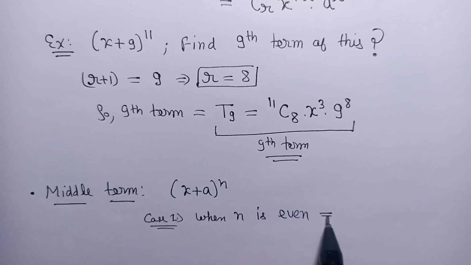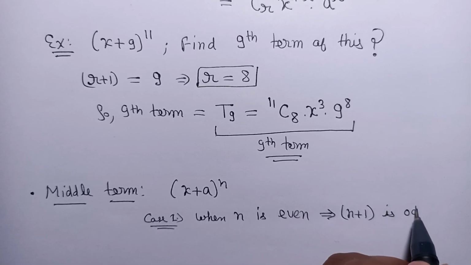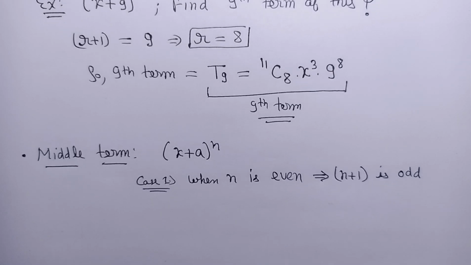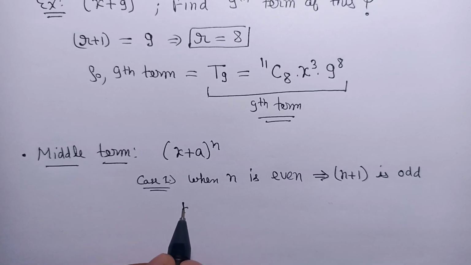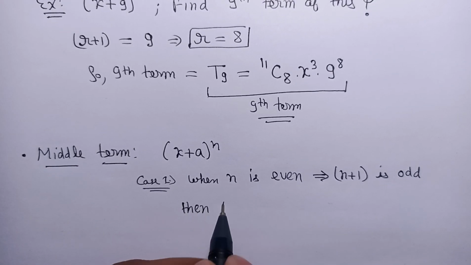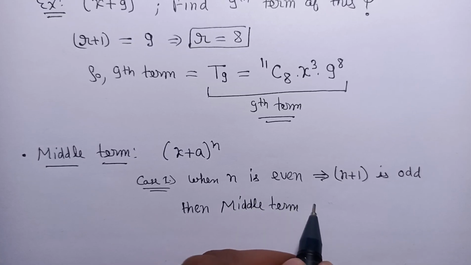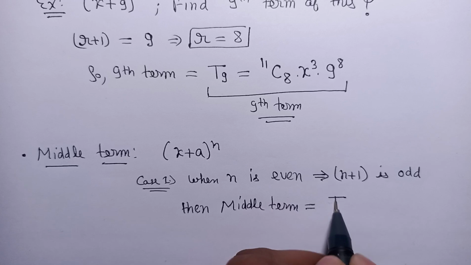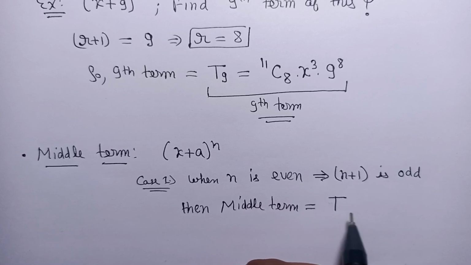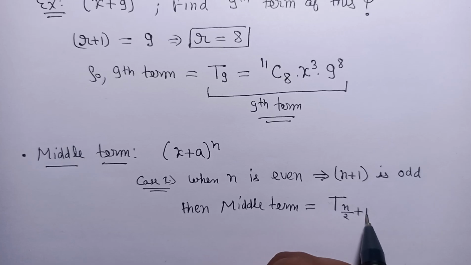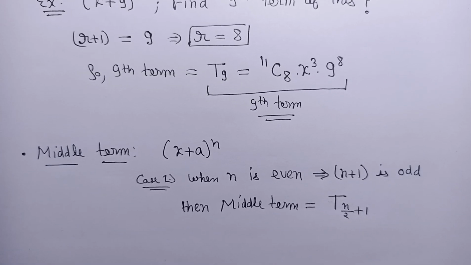So the number of terms will be what? If n is even, the number of terms is n plus 1, which is odd. Then the middle term formula will be, because it is odd now, T(n/2 + 1). This is your middle term.